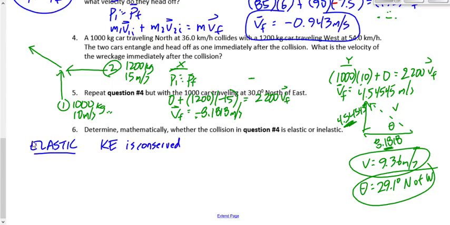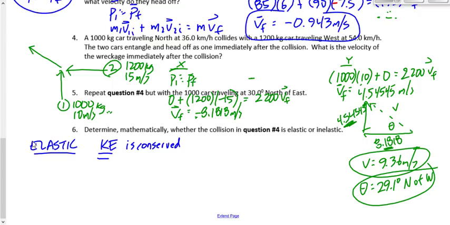Kinetic energy is conserved. First of all, we're not talking about momentum anymore. There's a difference in the equation between kinetic energy and momentum, but there's a fundamental difference between kinetic energy and momentum as well. Momentum is a vector, kinetic energy is a scalar. So I've been telling you this whole time, watch your signs, pay attention to directions.